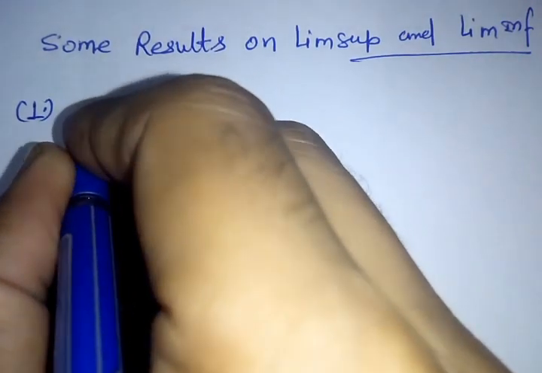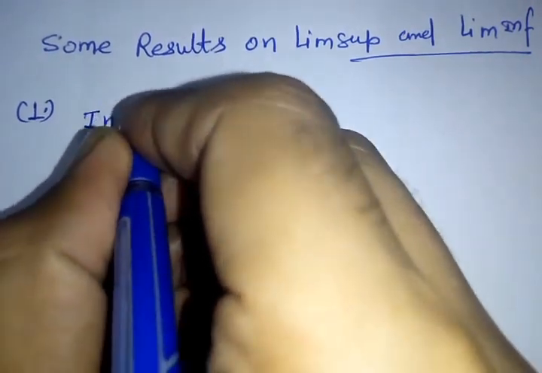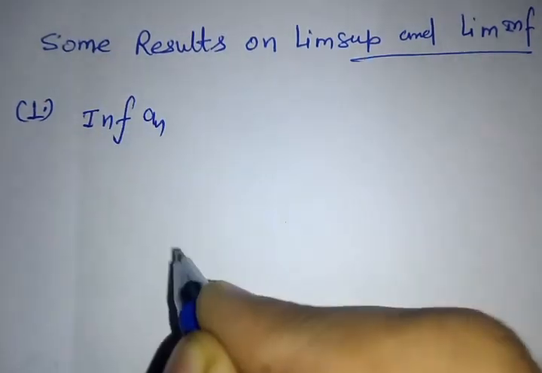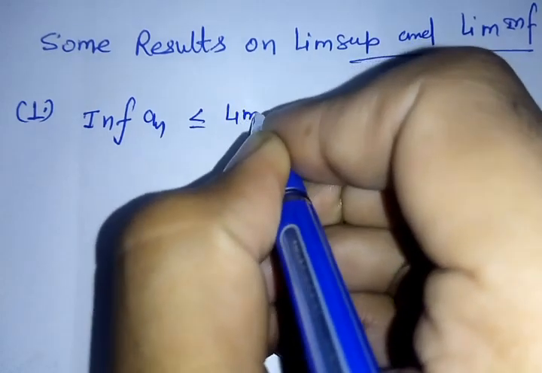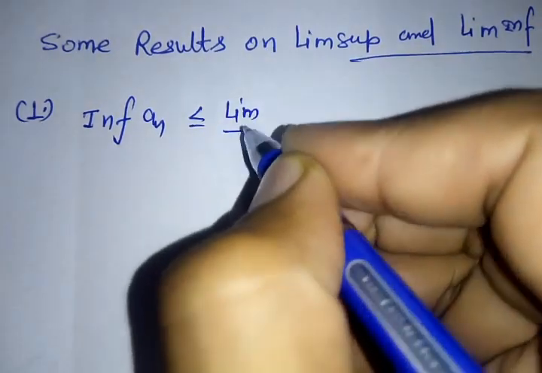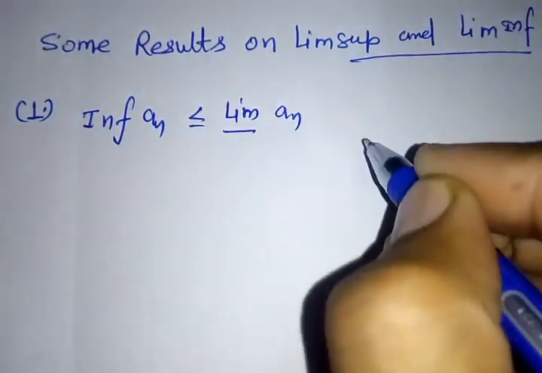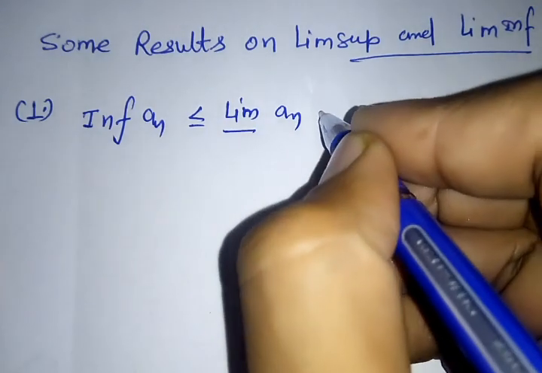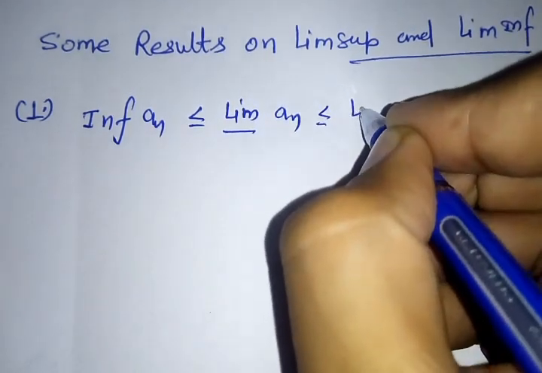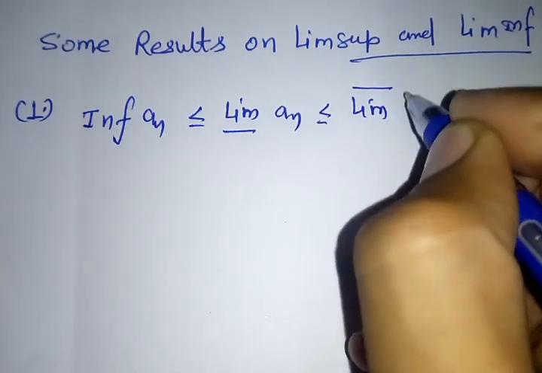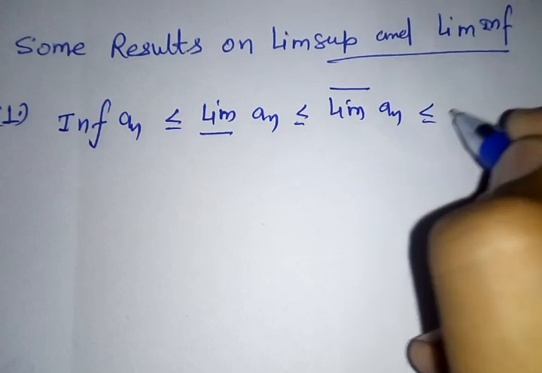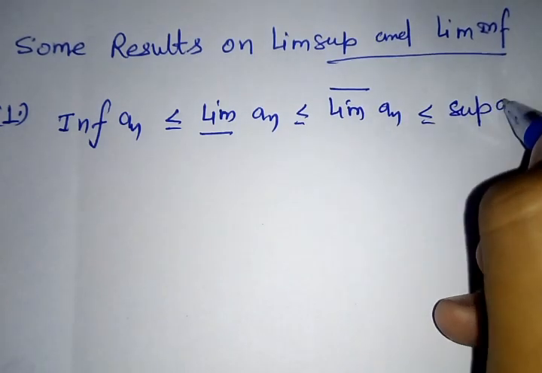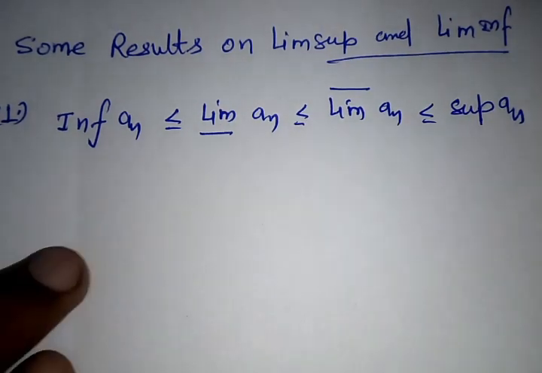Infimum of sequence an is less than or equal to limit inferior of sequence an, which is less than or equal to limit superior of sequence an, which is less than or equal to supremum of sequence an.